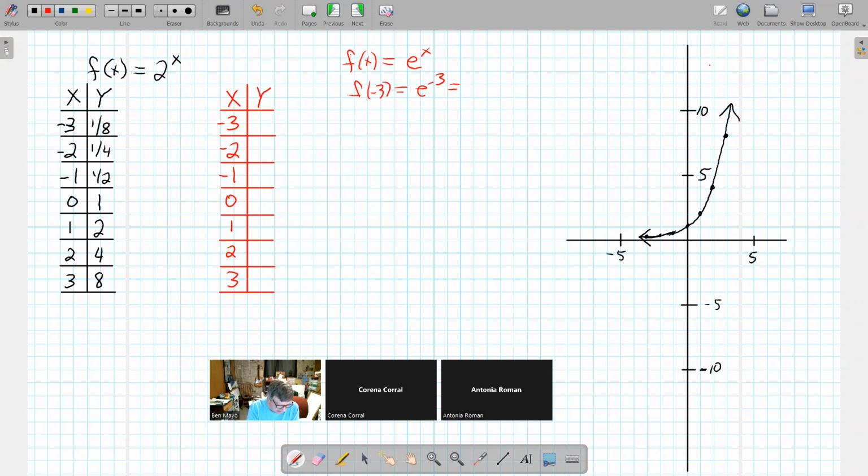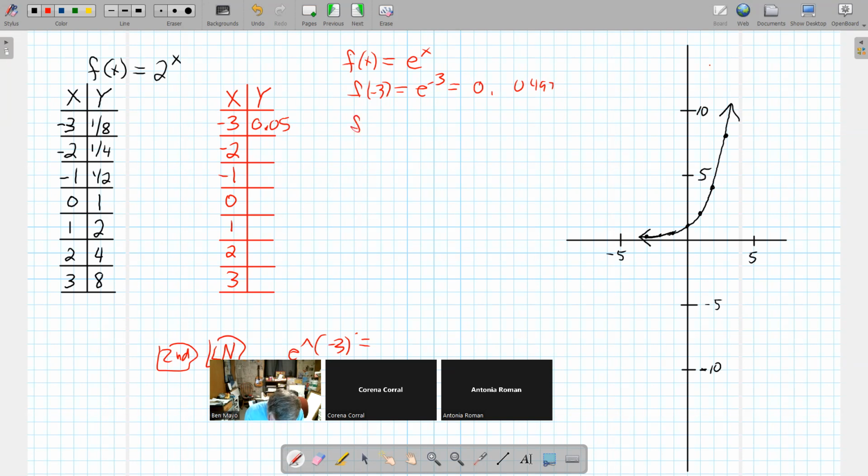So I'm going to go second, ln, and then I get e to the, and I put -3 in there, close it up and push equals. I get 0.0497. I'm going to round that off and make it 0.05. So I'll round it off to the 100th place.